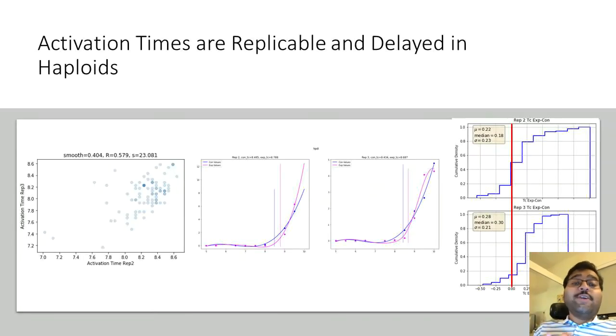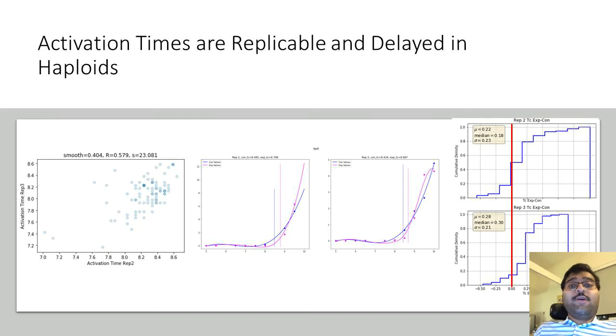So now that we have rigorously defined our activation time algorithm, we could do downstream analysis, which revealed several positive results. So to begin with, at the selected smoothing parameter of about 0.4, when we plotted the activation time in one replicate versus the other, we got a strong, significant positive correlation, which confirms to us that the algorithm and its detection of activation times is replicable and reproducible.